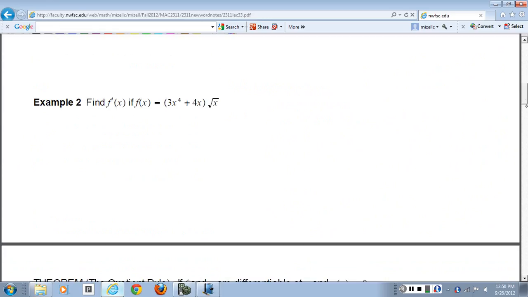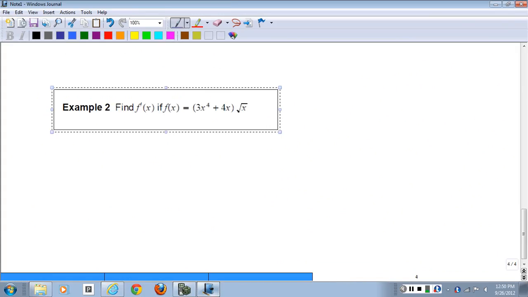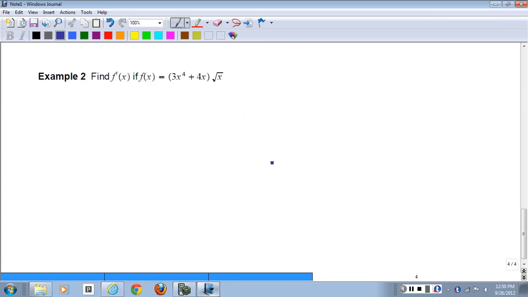Example 2, we actually could, and perhaps should, use the power rule and the sum rule, not the product rule. But I'm going to see if we can use the product rule and see how that works for us.